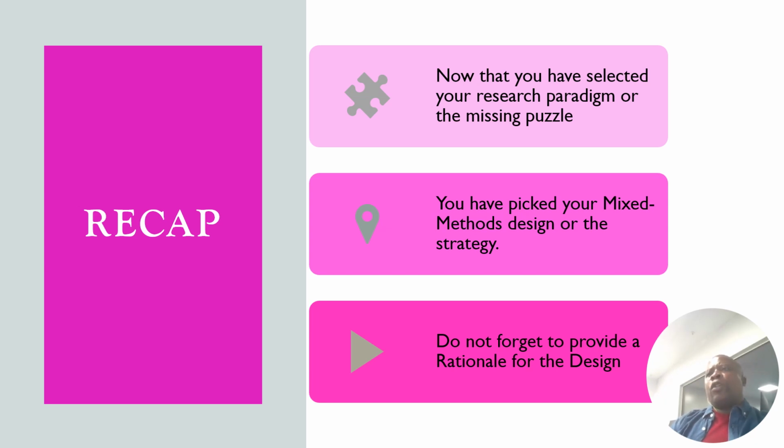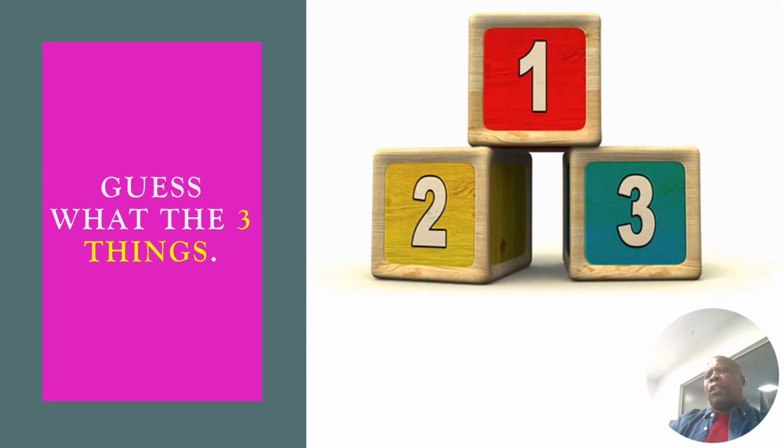Then you should not forget to provide rationale for both the research paradigm and the mixed method design. Don't just take things for granted. You just tell the reviewers, or you tell your chair, that you are using mixed method, but you don't want to explain to the chair why you are picking those designs.